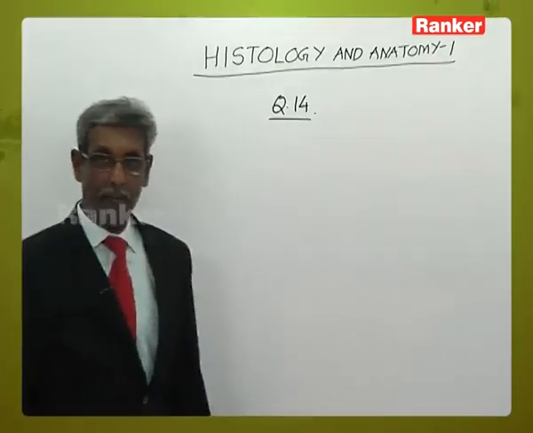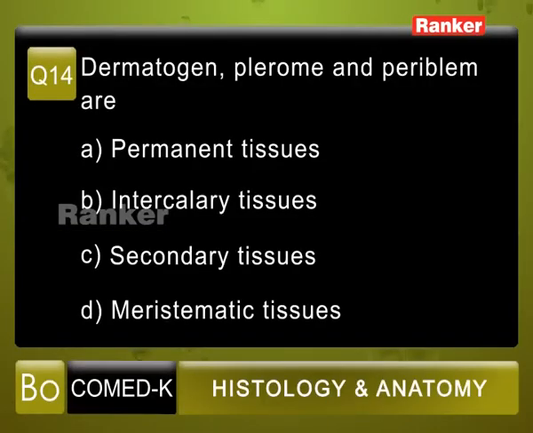Question number 14. Dermatogen, periblem and plerome are A. permanent tissues, B. intercalary tissues, C. secondary tissues, D. meristematic tissues.